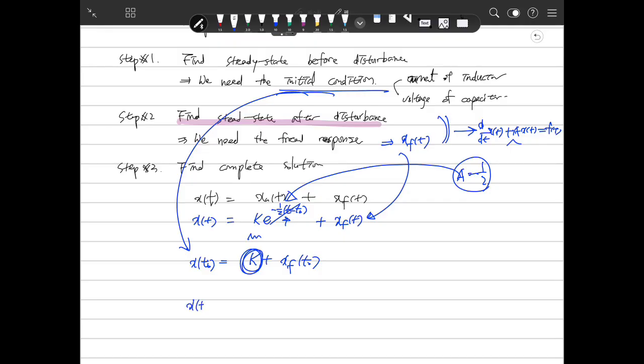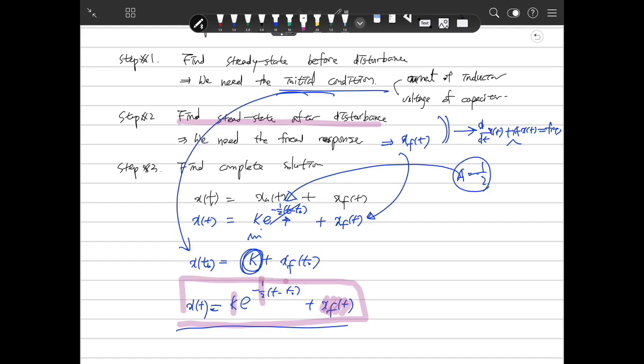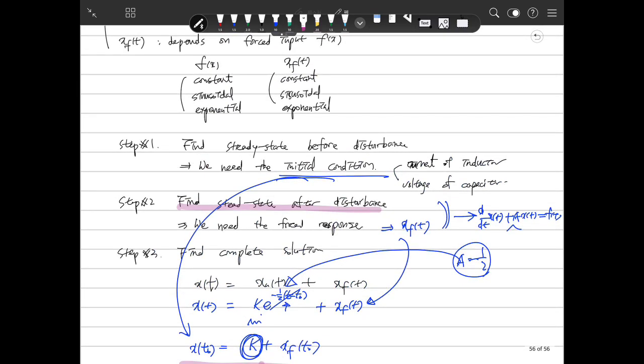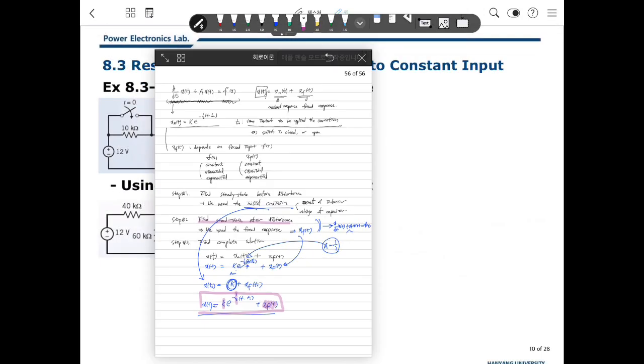Then the final solution is k exponential minus 1 over tau (t minus t0) plus x_f(t). At this point we know all the variables: k, 1 over tau, and x_f(t). That's the final complete solution of the first order circuit. We will use these steps to solve the first order circuit.